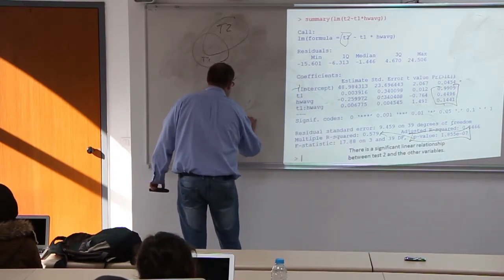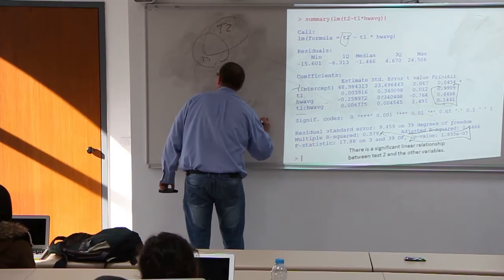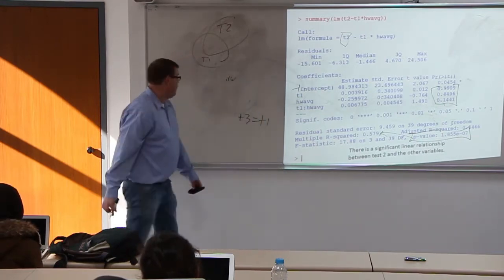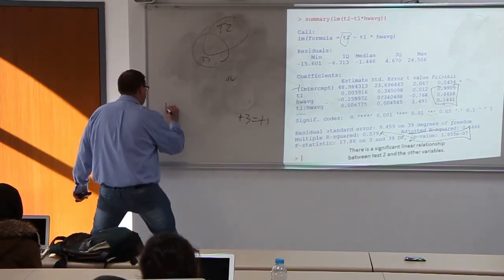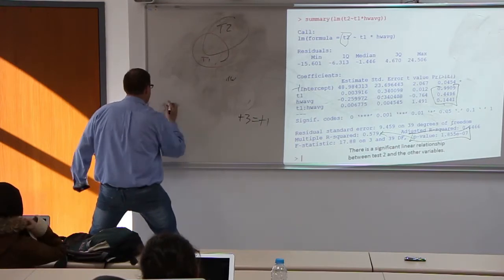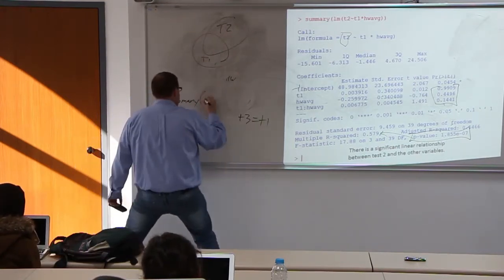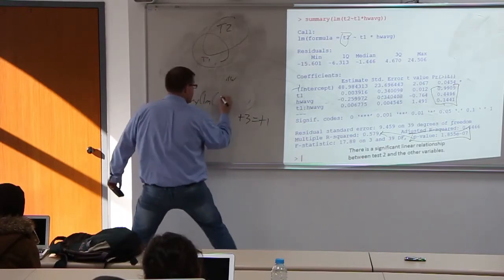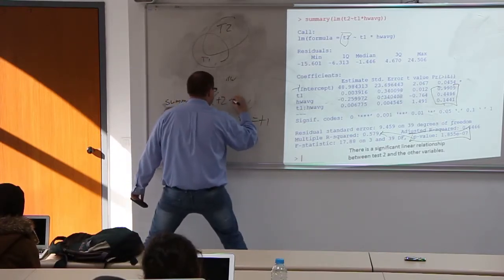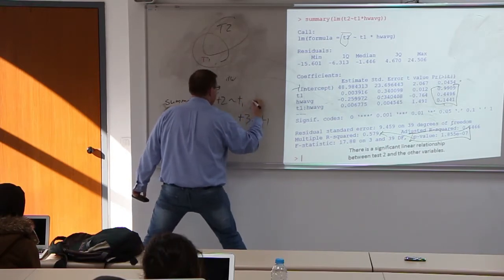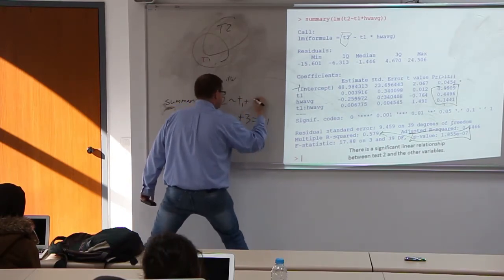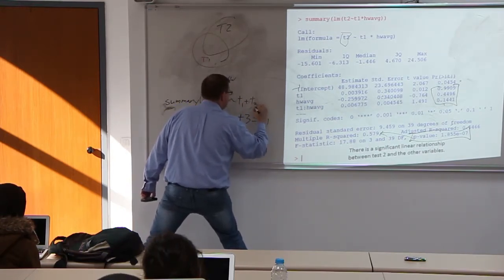Call it T3. Say T3 equals T1. And then do summary of lm, T2 as a function of T1 plus T3.